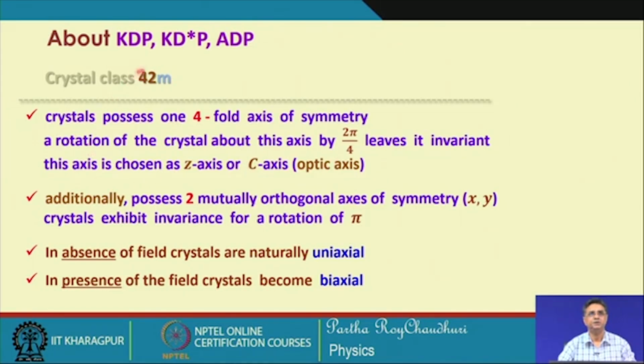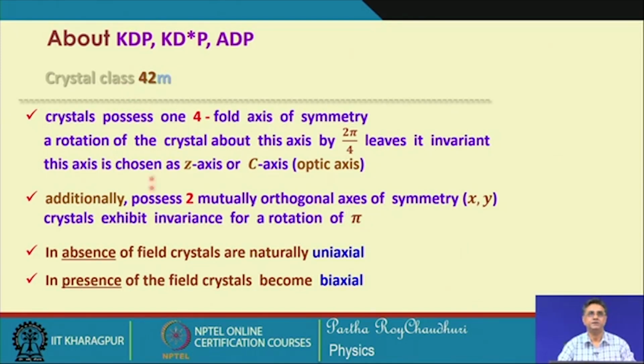So this is the fourfold symmetry. In addition to this, the crystals possess two mutually orthogonal axes of symmetry about x and y. These exhibit invariance for a rotation of π. So, if you rotate by an amount π, the crystal remains invariant.